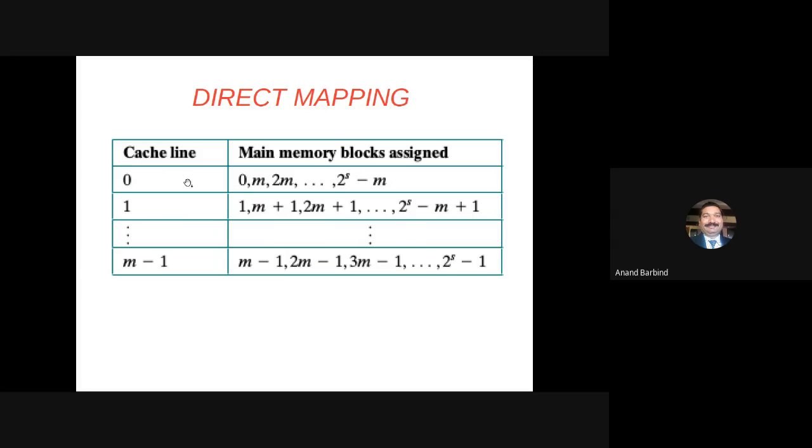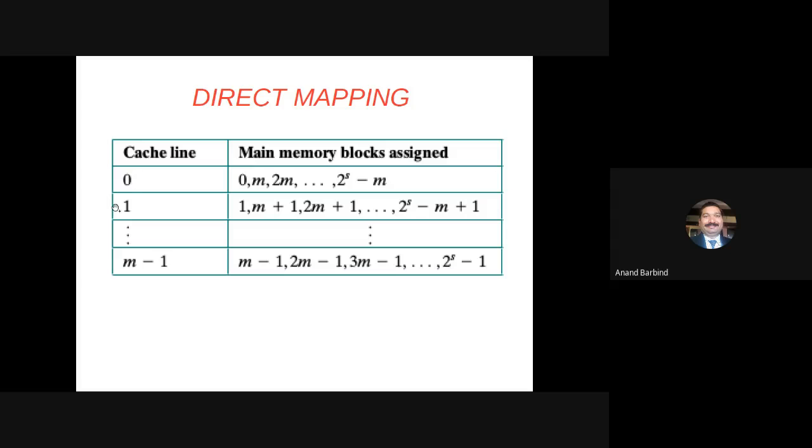In our case, that is block number 0, 10, 20, 30, 40, 50, 60, 70, 80, 90. These blocks will always be transferred to line number 0.